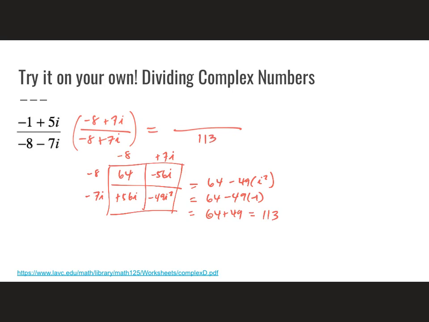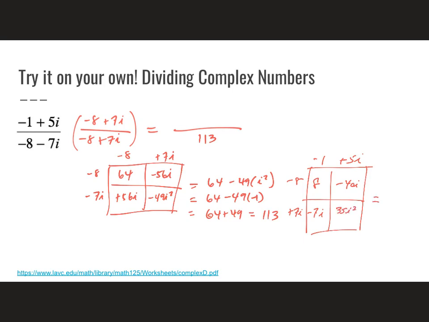My numerator, I need to, once again, do the box method. Multiply out the original numerator, negative 1 plus 5i, with the conjugate of the denominator, negative 8 plus 7i. And so when I do that, I get positive 8 minus 40i, negative 7i, and then 35i squared.